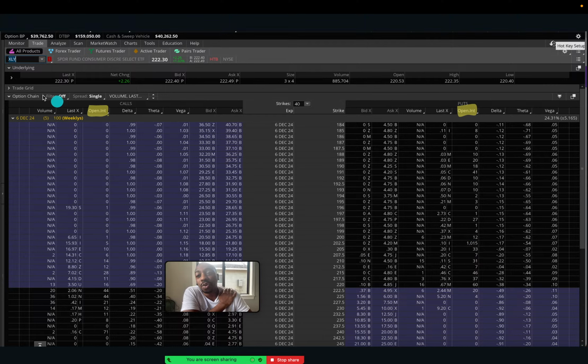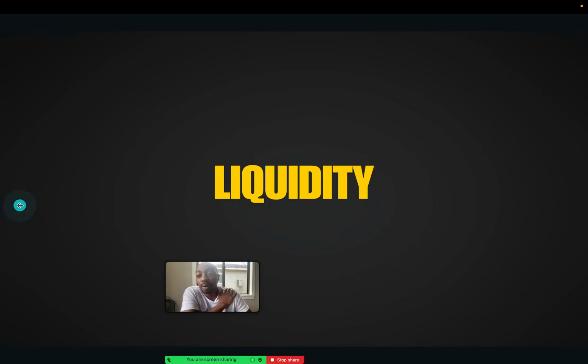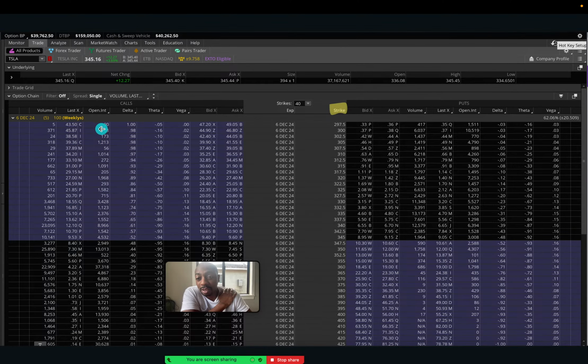So I just wanted to show you this. I probably wouldn't trade XLY at all, just looking at the spreads and the liquidity, but I wanted to show you a stock that didn't have much liquidity, just to show you the difference between XLY versus Tesla, which has open interest everywhere, because Tesla is traded 24/7 by a lot of people.